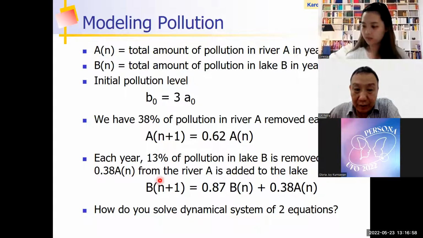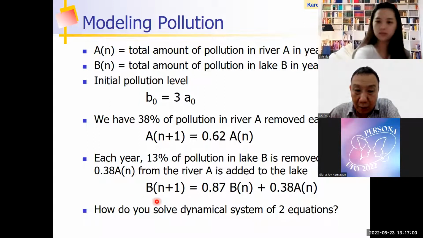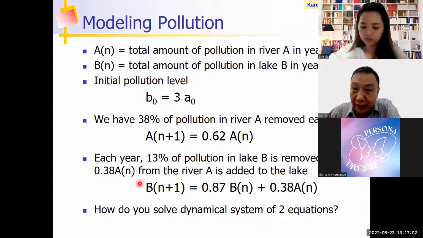So the amount of pollution next year in Lake B is 1 minus 13% out, so that is 0.87, plus the water pollution from the river coming here.